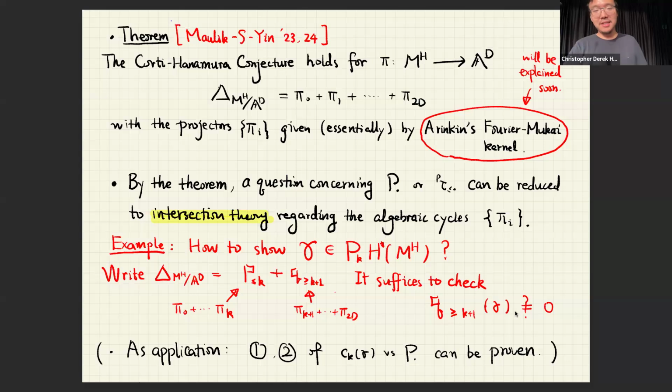So in other words, the property of a class lying in a certain piece of the perverse filtration is shown by verifying a tautological relation. This is a very general idea, and in practice, both properties concerning the interaction between the Chern character and P can be verified this way.